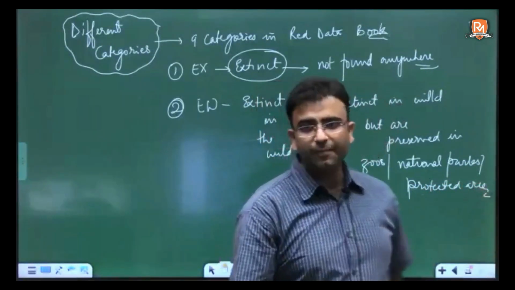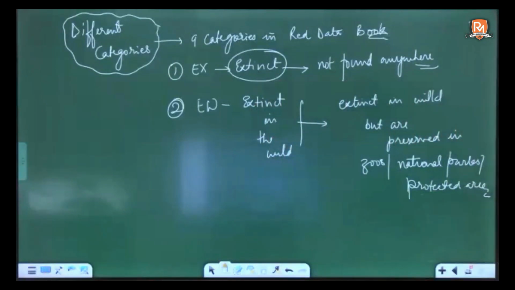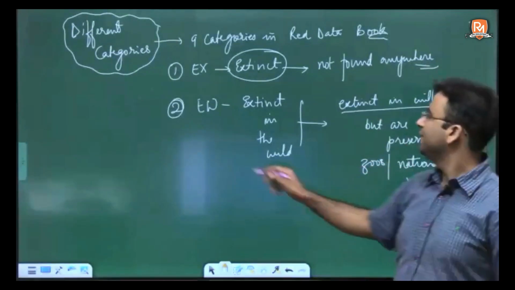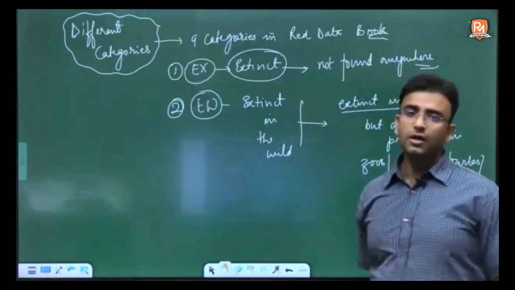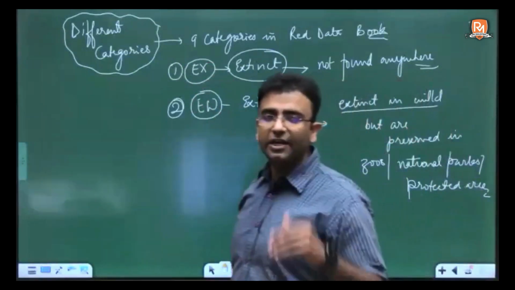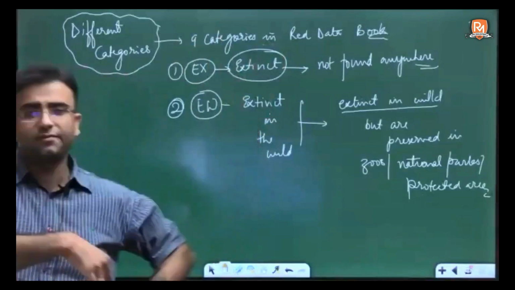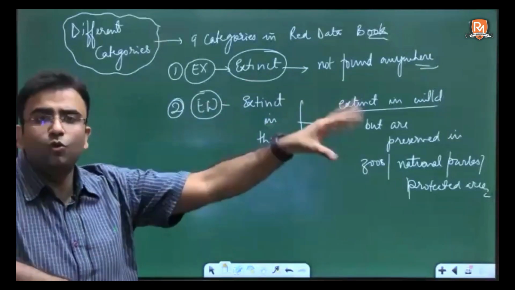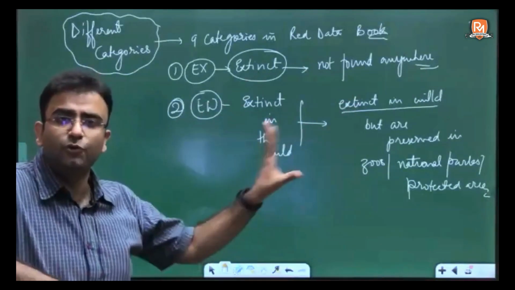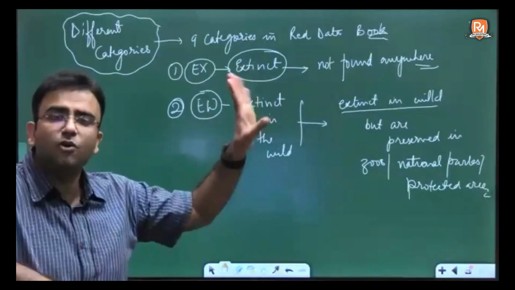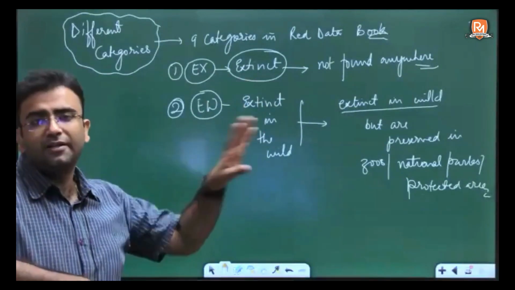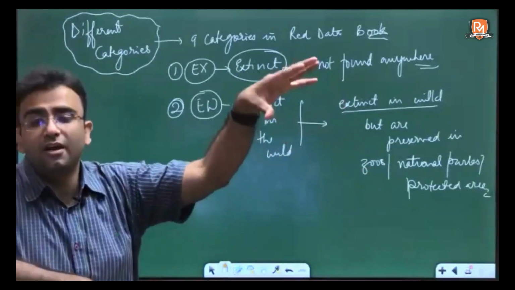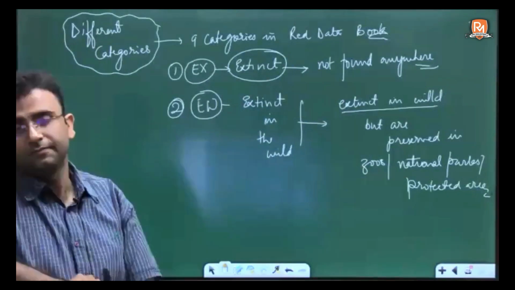Some are left, some are there in zoos, national parks, and some protected areas, but they are extinct in the wild. This is the second category, EW. The first is EX, extinct. Second is EW, extinct in the wild. In the wild you are gone, but you are there somewhere in the zoos, botanical gardens, or protected areas.